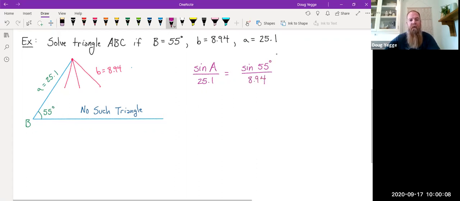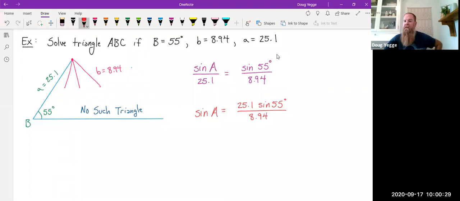So now if we cross multiply, we end up getting that sine of angle A is equal to 25.1 times all of this ratio, sine of 55 degrees over 8.94.